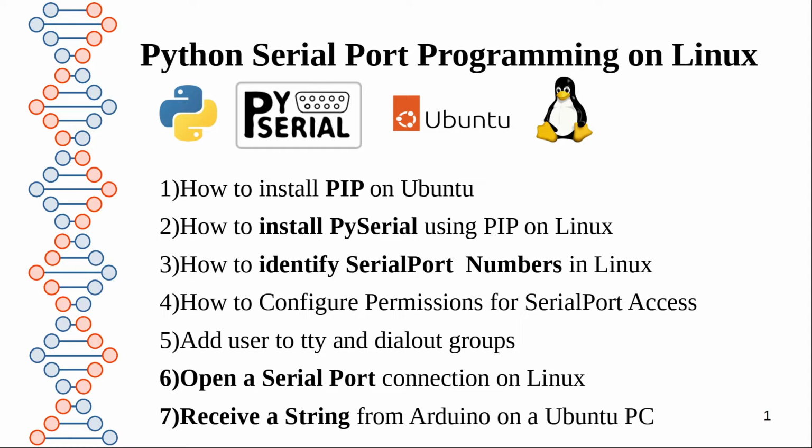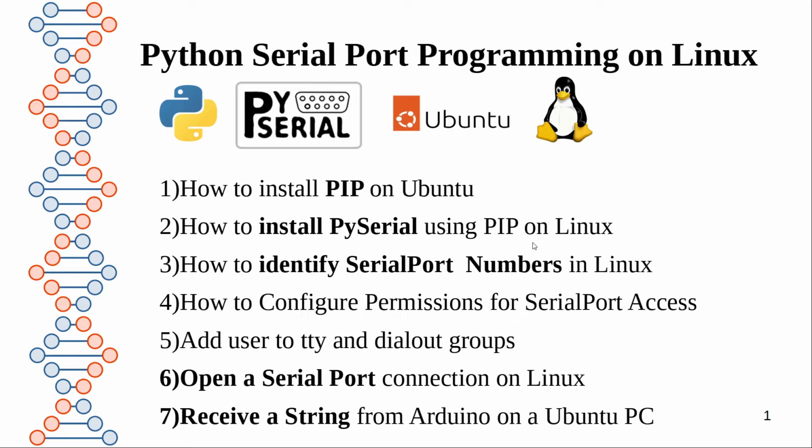Now in this short tutorial, we will learn how to install the PIP installer on Ubuntu, and then we will use PIP to install the PySerial library on Ubuntu. We will also learn how to identify the serial port numbers on Linux using the dmesg tool.